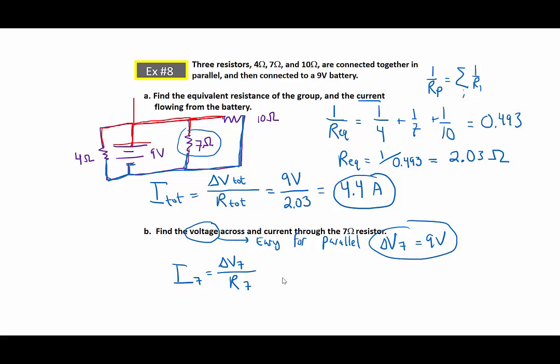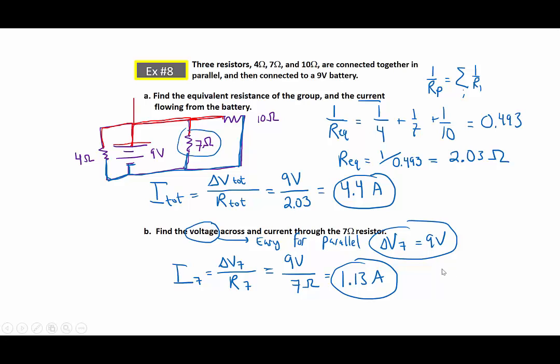So I can find my current by taking the 9 volts divided by the resistance at that place, which is 7 ohms, and I'm going to get that only 1.3 amps of current is going to be going through that branch. Now you could do this for the other branches, and you can find out how that 4.4 gets sliced between the 3.